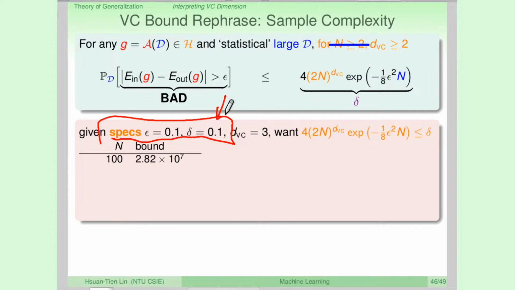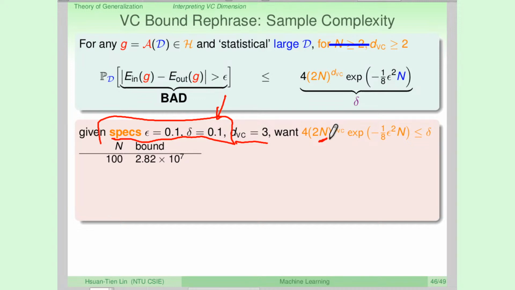And if I have chosen a hypothesis set with this particular VC dimension, then I can evaluate how many examples I need to meet my design spec. Okay, so given the design spec, what's the N that I can take?